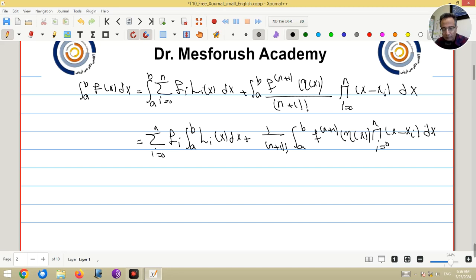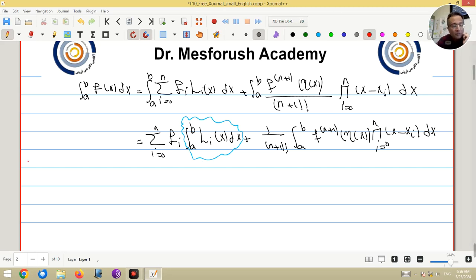Okay, so this is the formula. Now, if I want to find a quadrature or a numerical integration formula for a to b, I just compute these integrals. Okay, and computing these integrals is not very difficult.